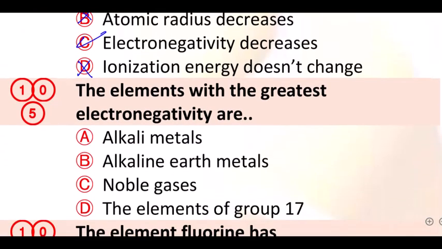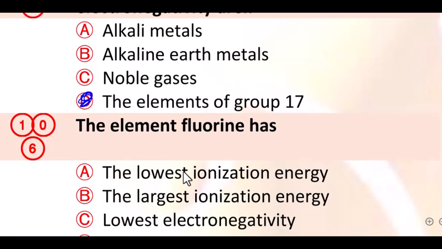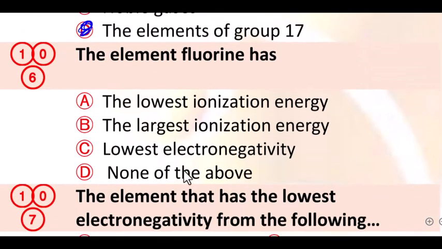The element with the greatest electronegativity: among elements in group 17, the highest electronegativity is fluorine, then chlorine, and after that comes group 16, oxygen. The element fluorine has the highest electronegativity.